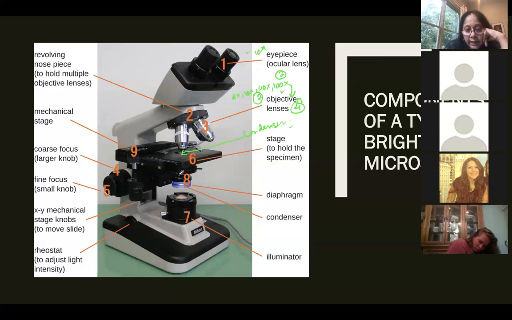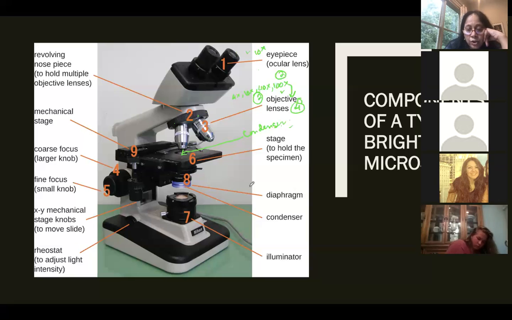Just immediately above the light source, we have the condenser, but from below the stage you cannot see it. You can see the condenser from above the stage, from here. Outside of the stage, there is another rotating black knob. That's called the iris diaphragm.